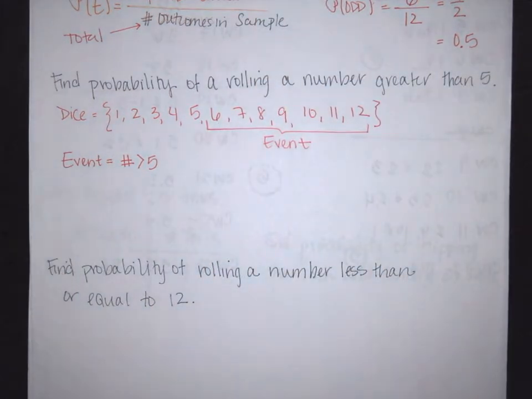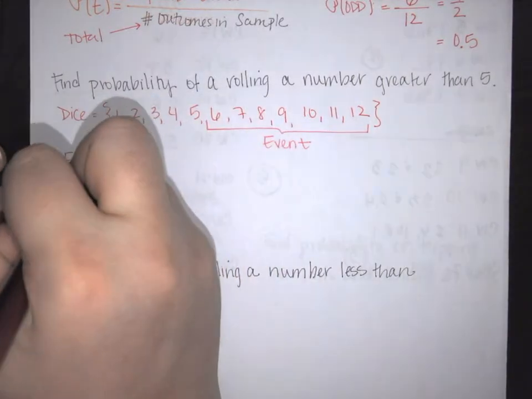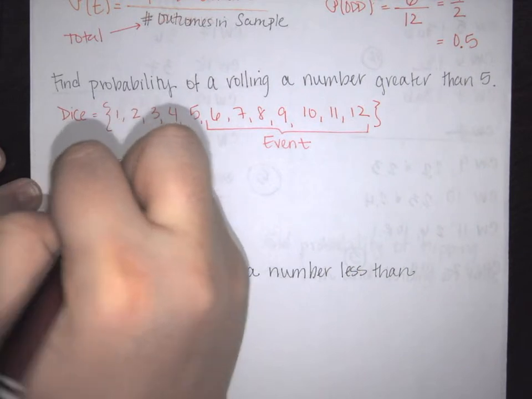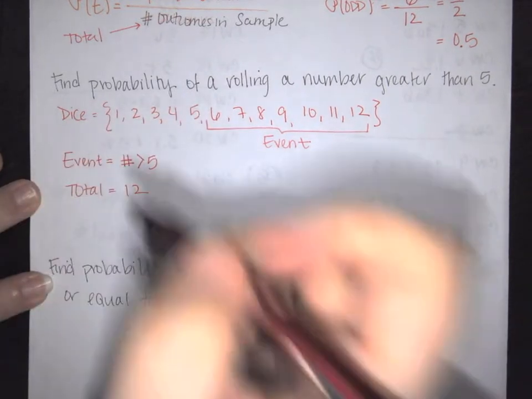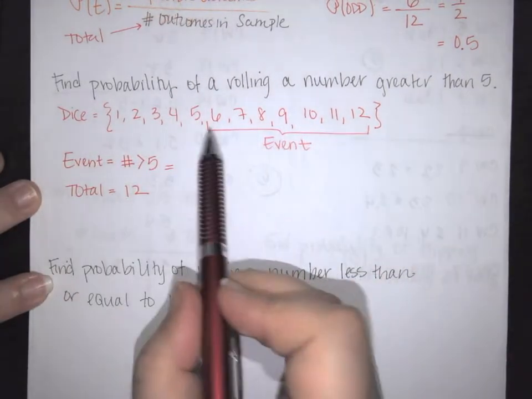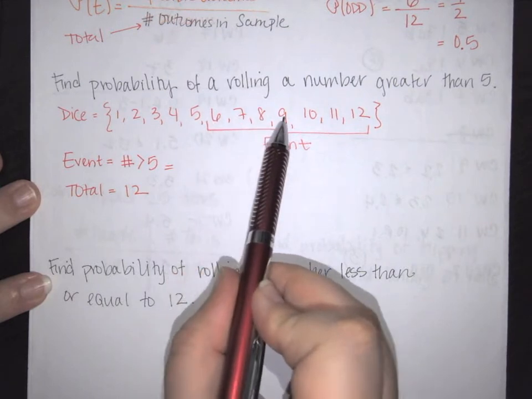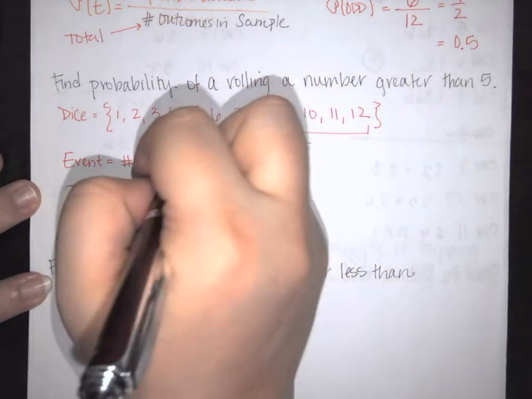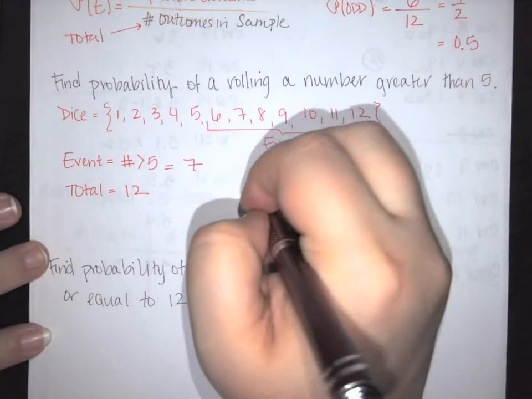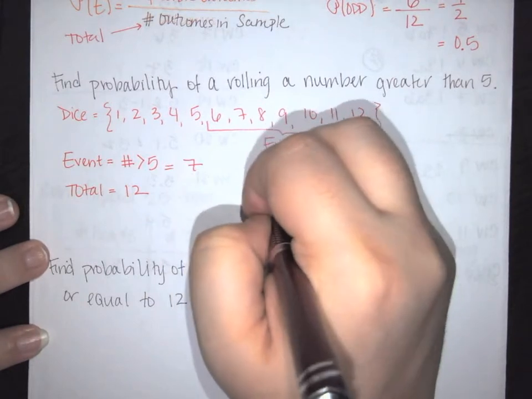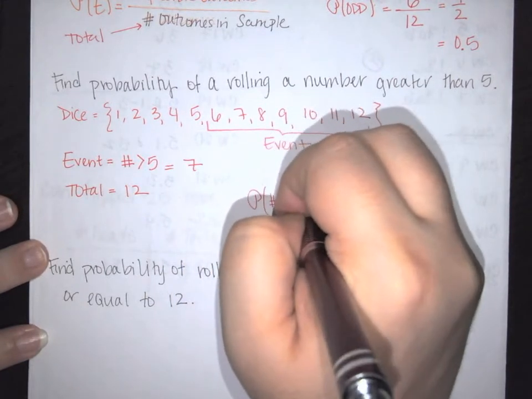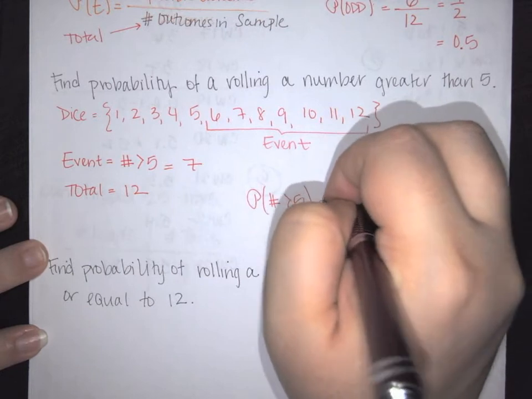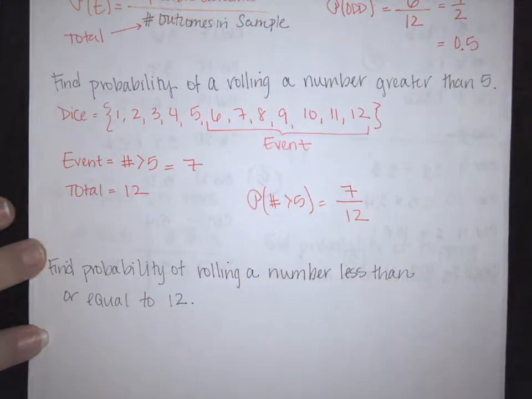The numbers 6 through 12 are going to tell me what I want, and then my total is still going to be 12. For my event, I have to figure out how many there are: 1, 2, 3, 4, 5, 6, 7. So there are 7 numbers there. So the probability that I have a number greater than 5 is going to be 7 over 12.